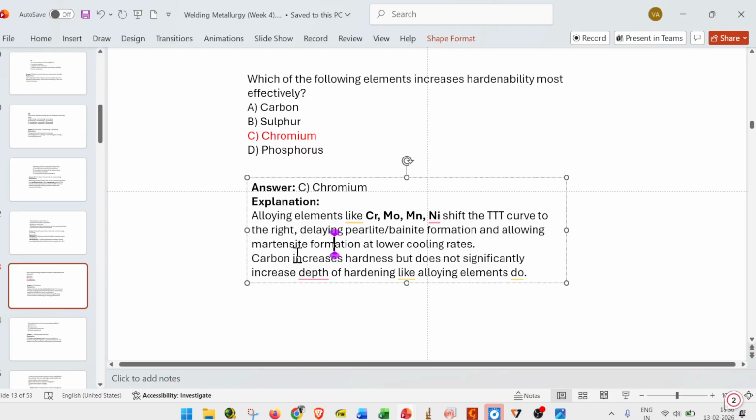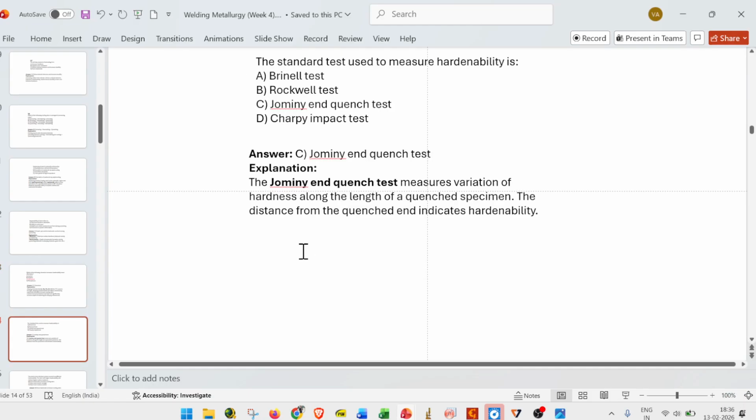Carbon increases hardness, but not as significantly as the formation of the martensitic phase. These elements shift the TTT curve to the right side, which makes formation of martensite much easier, even at lower cooling rates.